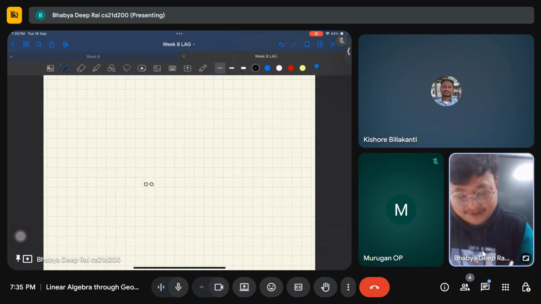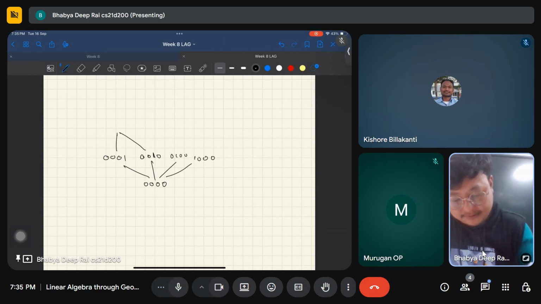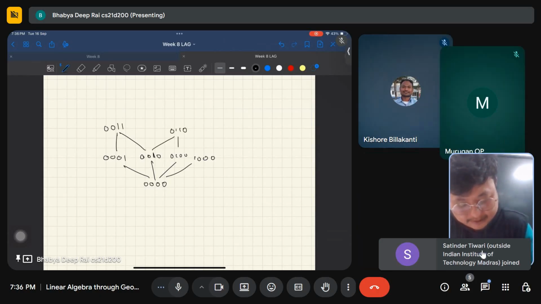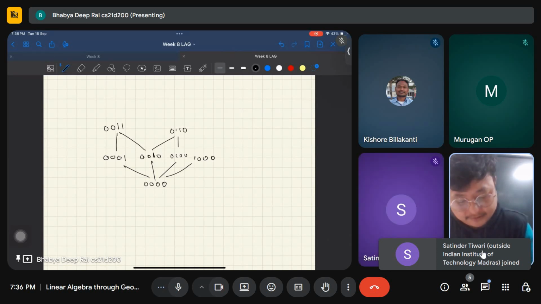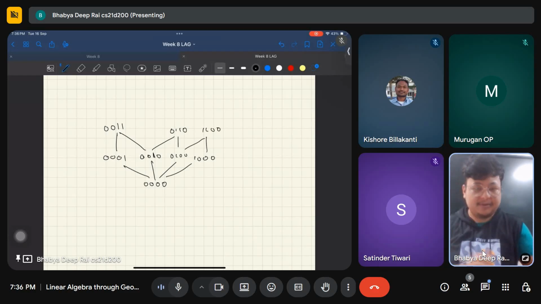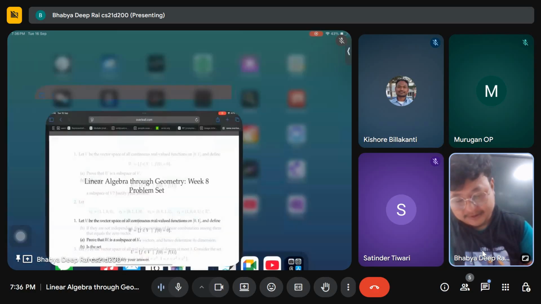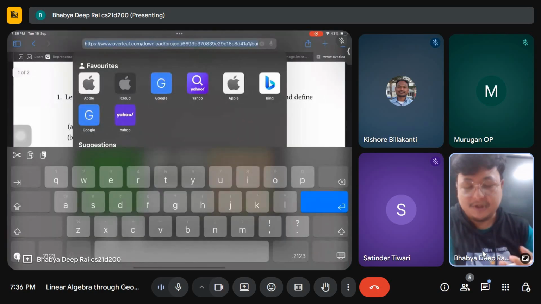If you come up with a 4-dimensional truth table, it will look like this: 0, 0, 0, 1, 0, 0, 1, 0, 0, 1, 0, 0, 1, 0, 0, 0, and then you do this, and 0, 0, 1, 1, and 0, 1, 1, 0, and if you do these two, you get 1, 1, 0, 0, and you do this, and keep doing this. It will form a nice structure which is called the 4-dimensional hypercube, the Boolean hypercube.